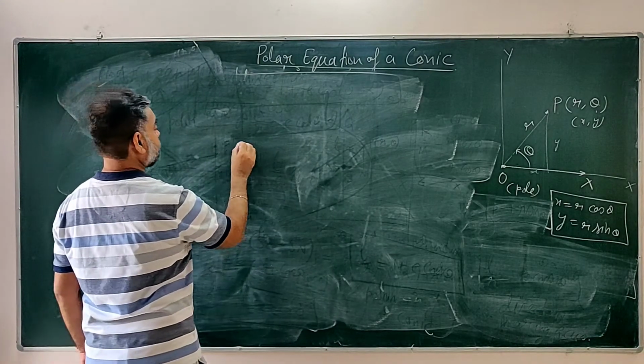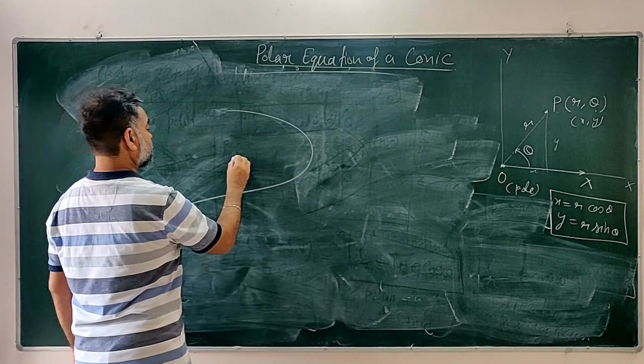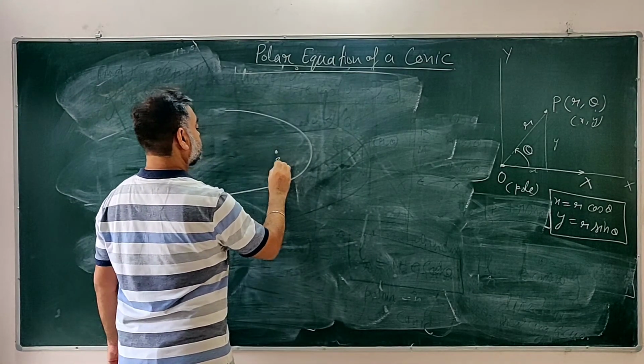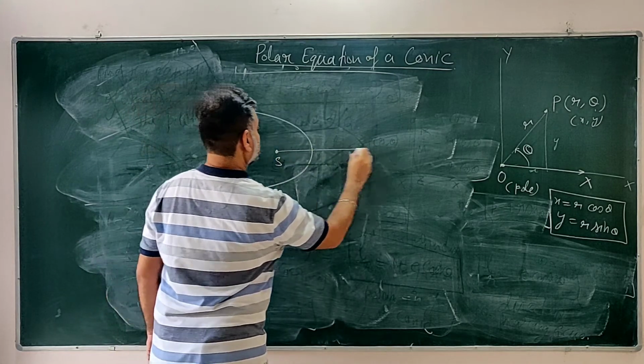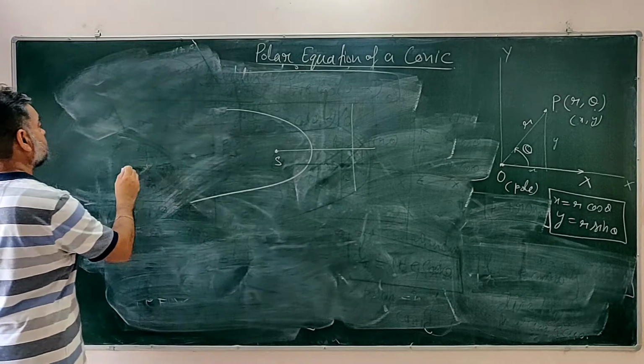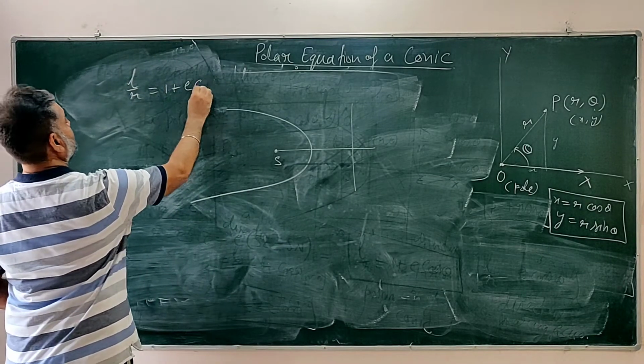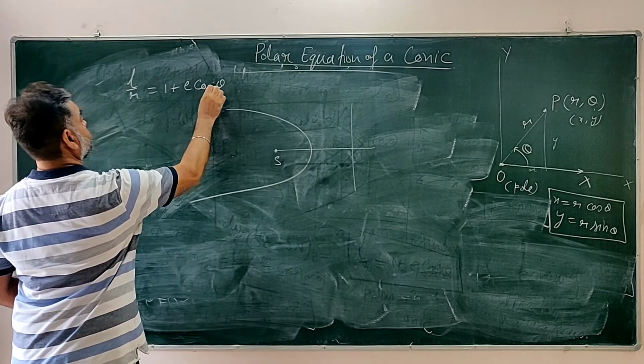Suppose we have a conic. Suppose this is the focus of the conic, and this is the directrix of the conic, and suppose the equation of this conic is L over r is equal to 1 plus e cos theta.